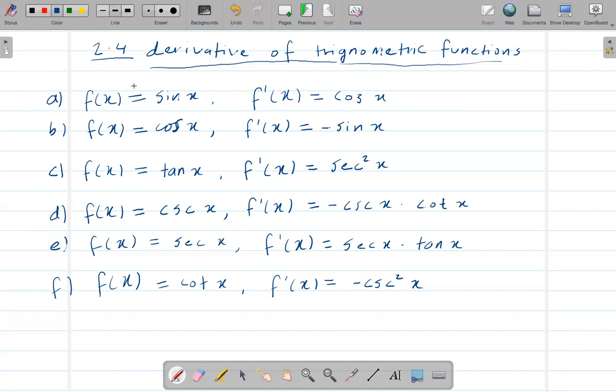Basically, the idea is just using the definition of derivative, but I'm not going to cover that. I might cover it later on if it is necessary, but for right now I'm just giving you this, and using this, let's do some examples. I have 2 more examples, and then we'll be done for this lecture.